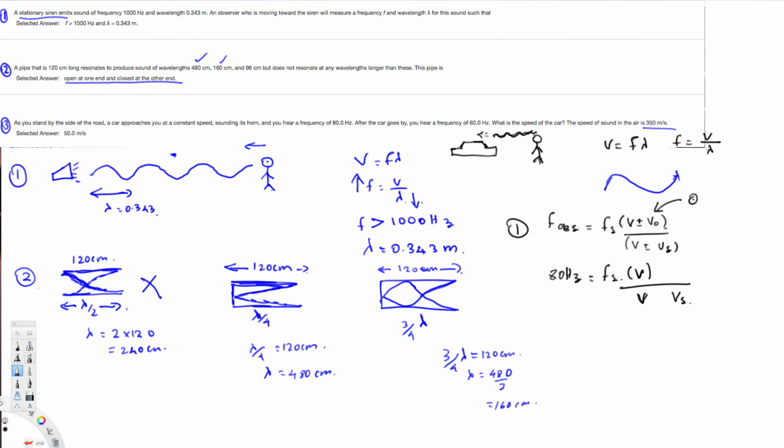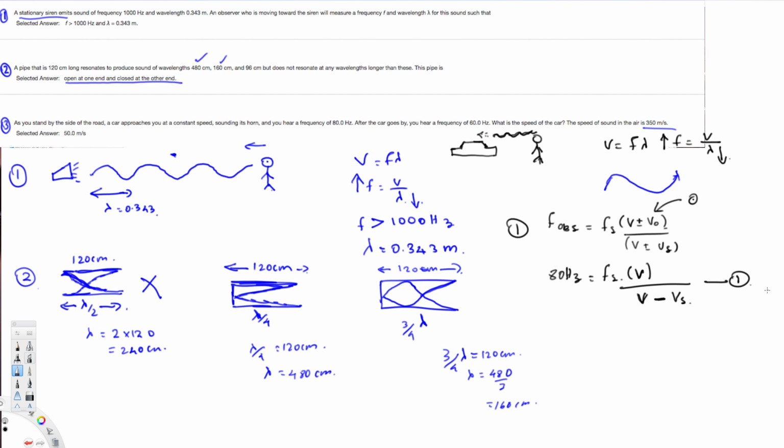As lambda decreases, if we divide any value by a small value, the total value gets bigger, so the frequency goes up. What sign will make this frequency go up? Here it's negative, because if I put negative, the denominator becomes a small number, and that makes this frequency higher. That's how we decide whether to put plus or minus. So in this case it is minus, and let's say this is our first equation.